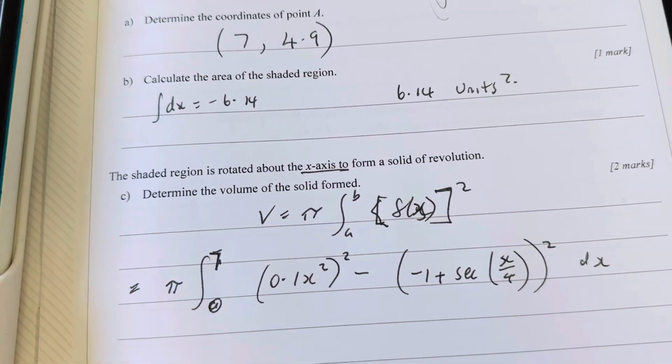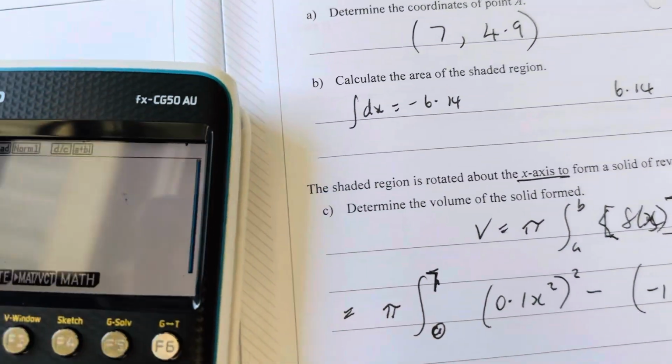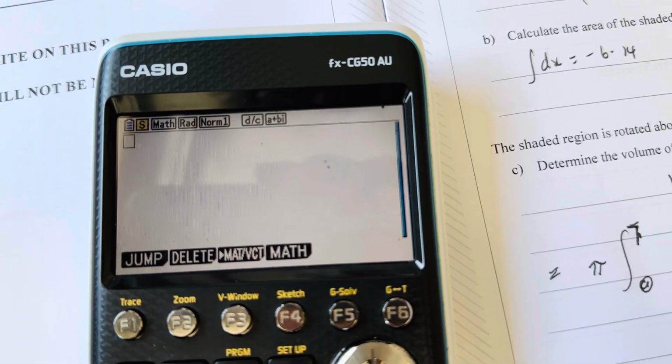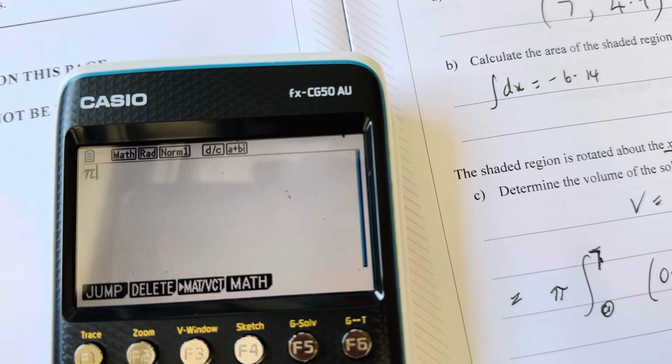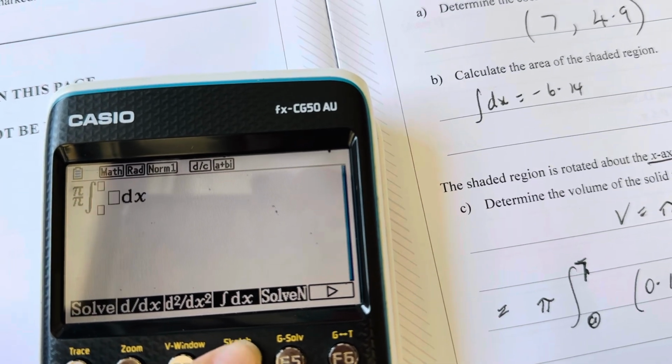I need to enter that in my calculator, so I'm going to go back to my run mat mode. I can do it all in one hit. Shift pi. I want an integral, so that's options calc integral.